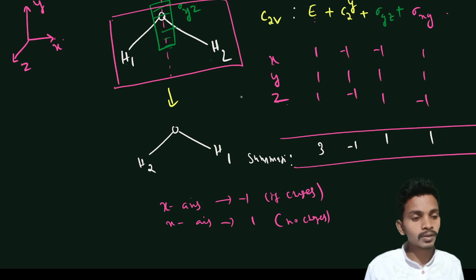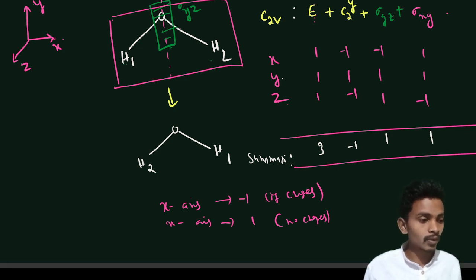Okay, so we can check this way, that xyz, if you apply E to xyz, then nothing will change. So every x power 1, y power 1, z power 1. And if you apply C2y, then only y will remain unchanged and the others will change. So -1, 1, -1, like that.